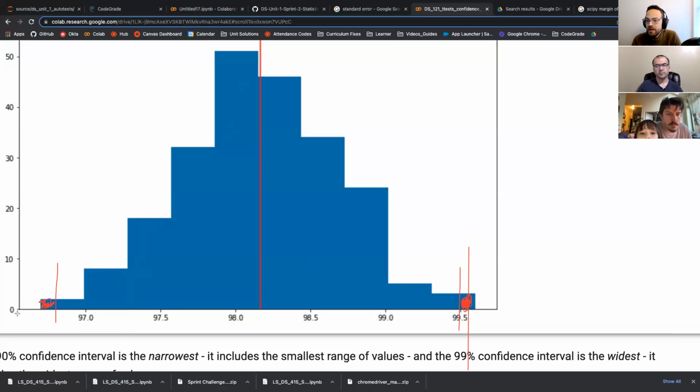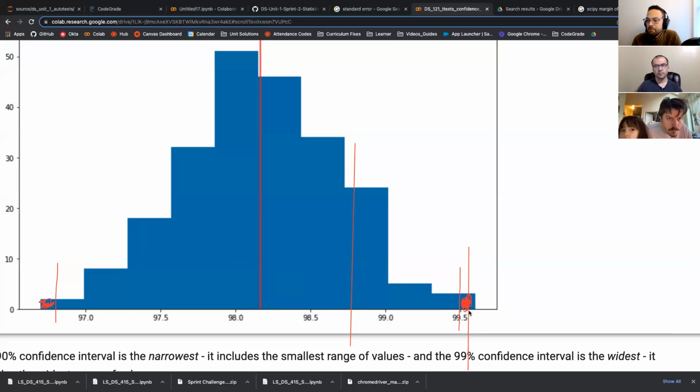So in other words, if your null hypothesis is that the average human body temperature is 98.2 in this graph, and you end up with a result that's 98.7, that's still close enough to 98.2 within this distribution, within this given number of samples, for you to fail to reject; 98.7 would not be significantly different from 98.2.